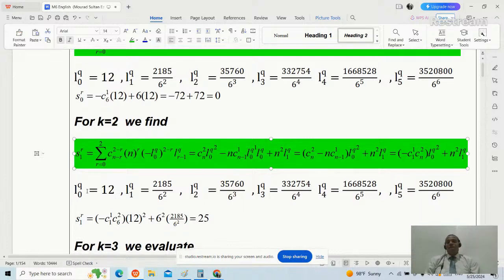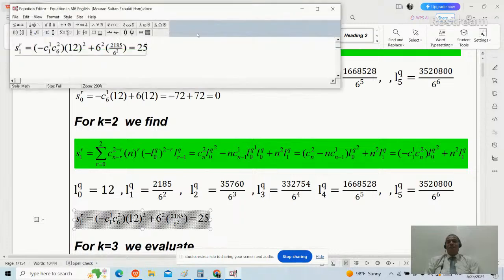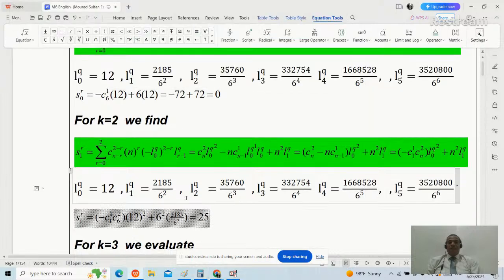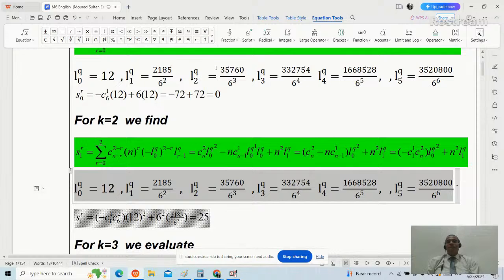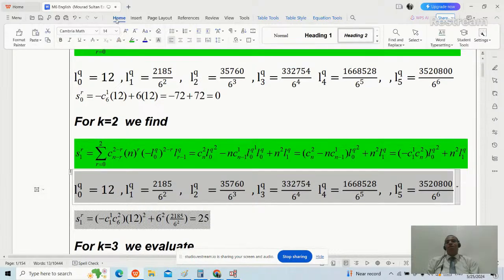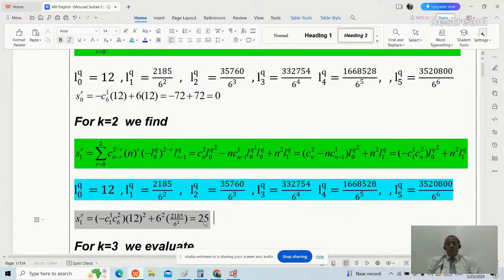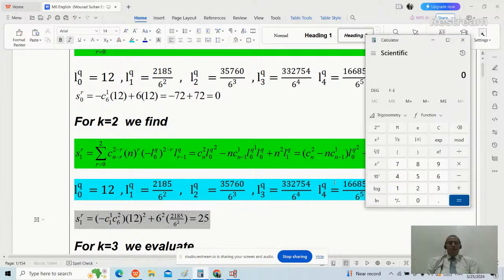Therefore, now, learners, I will make the substitution and use my calculator to figure out the value of this. I will use the coefficients of my polynomial to the power 6, because it's very important for you to know how we can calculate it. So I will continue calculating the value of S1.